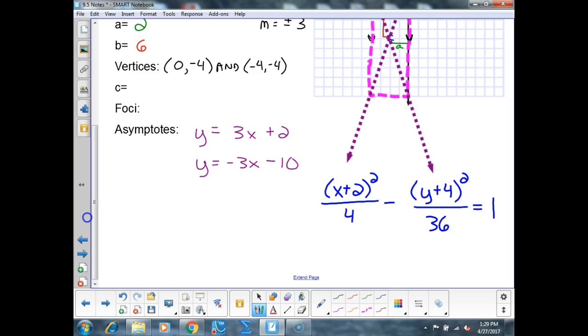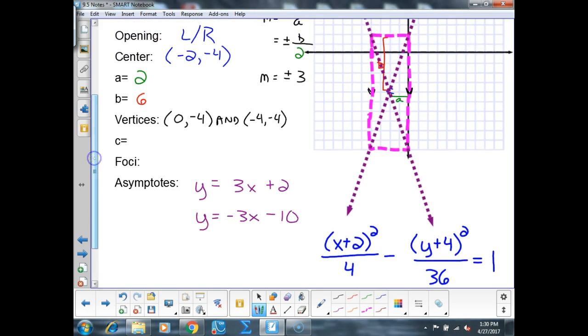A lot of people on the last two formatives have forgotten the equals 1 part. If I'm asking for an equation, you've got to have an equal sign. So it's got to equal something in there. Okay?